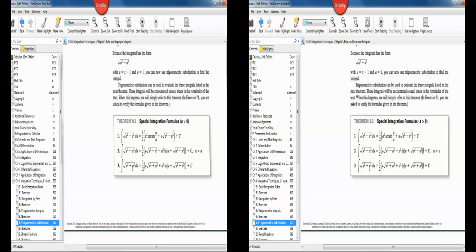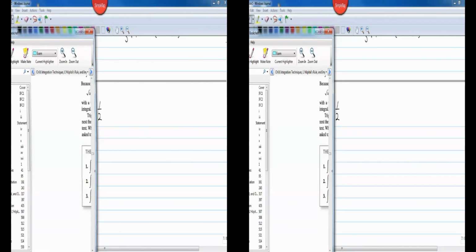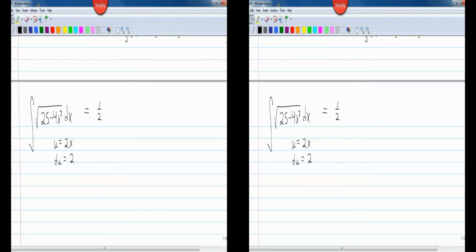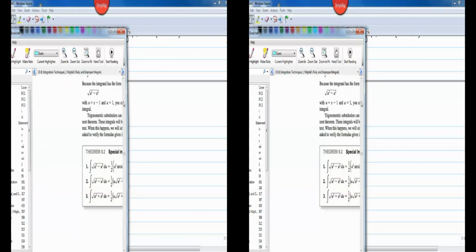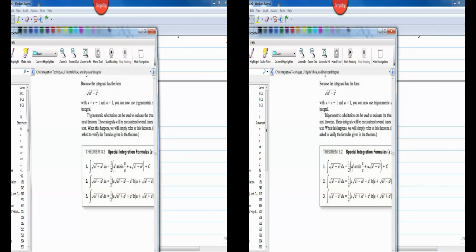So this was 25 minus 4x squared, so I had the constant minus the variable, and it starts out with 1/2. Since it starts out with 1/2, and I have a 1/2, that's going to be times another 1/2. I want to follow this top one, so it's a squared.